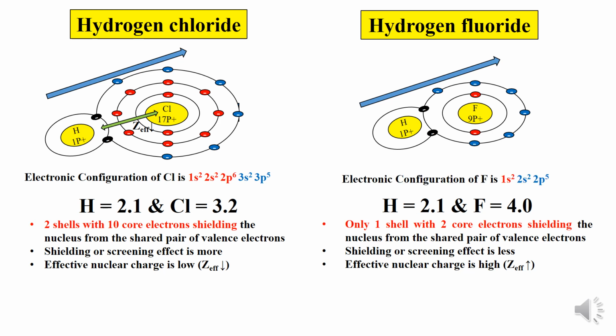So the shielding, or screening effect, is very little in the hydrogen fluoride molecule. There is only one shell shielding the nucleus from the shared pair of bonding valence electrons. And as a result, the effective nuclear charge is higher in the fluorine atom as compared to the chlorine atom in the hydrogen chloride molecule.